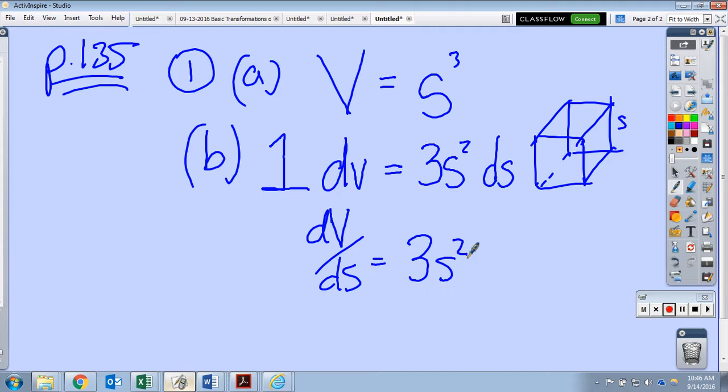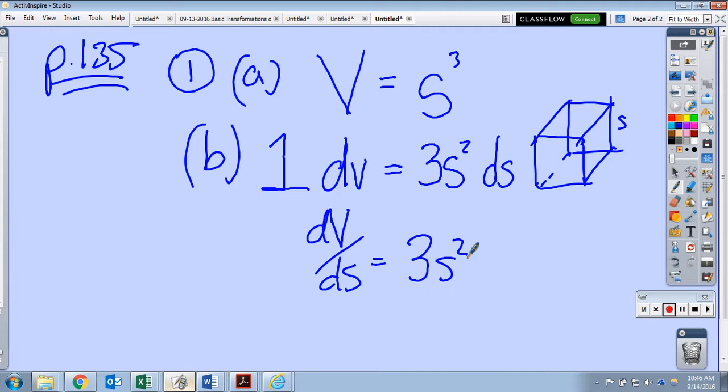The rate of change of the volume, say when S is 2, would mean that the volume is changing at a rate of 12 cubic inches. Do they give us a unit? Inches.